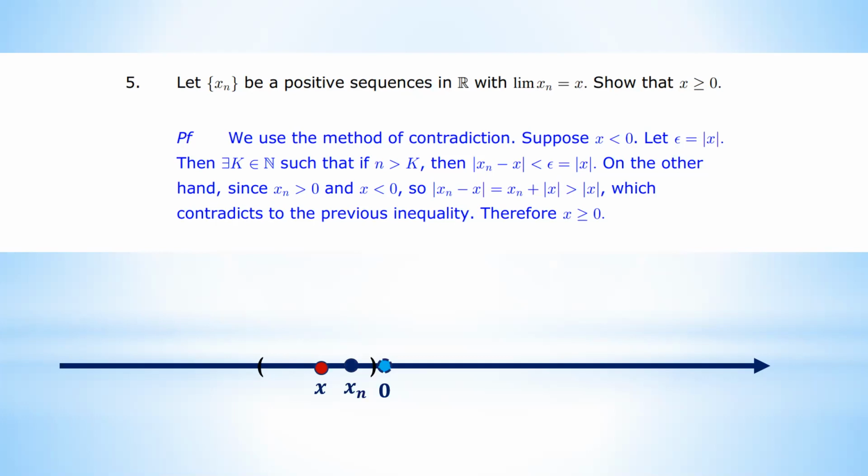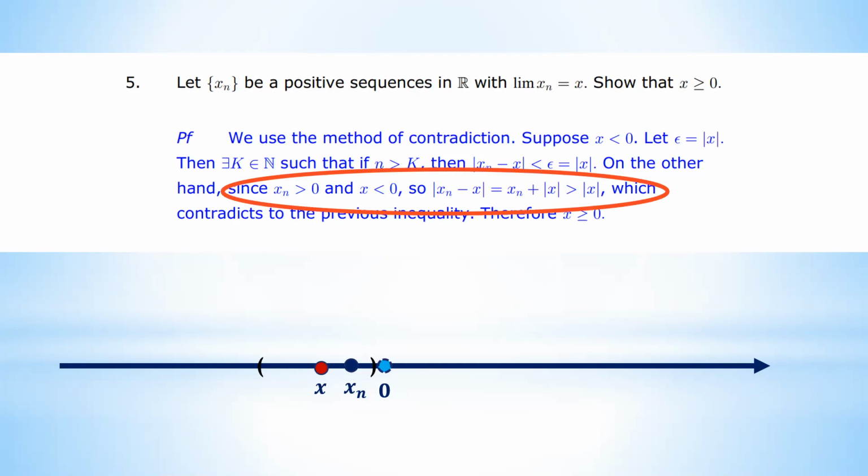Once I get |xn minus x| less than the absolute value of x, on the other hand I will have another situation which contradicts this case. Why? Think about it this way. Here you look at the other side.